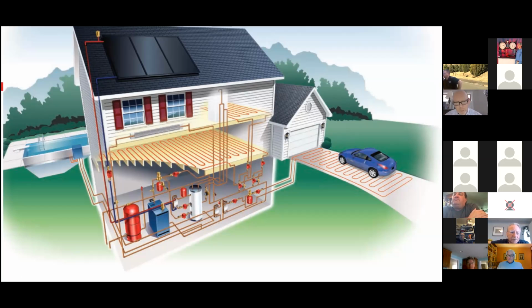And whether it be a boiler, air separators, expansion tanks, circulators, obviously, perhaps heat exchangers, trying to show a little pool heating, some snow melt in the driveway, a little radiant heat, as well as some more traditional heating baseboard. So the point of it all is, it does a pretty good job of touching what we're going to talk about. And I thought B&G did a pretty good job.